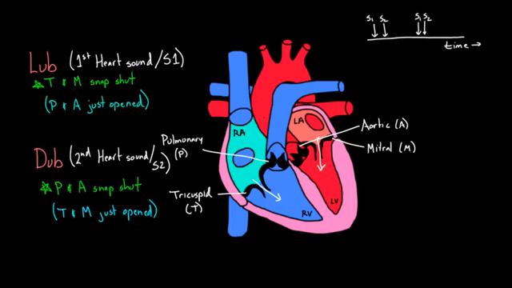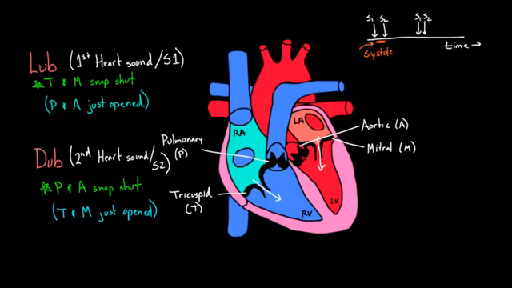And between these two, this time lag here, blood is actually squeezing out because the pulmonary and aortic valves just opened, going out to the whole body. So this is when blood is going to the body, and sometimes we call that systole.